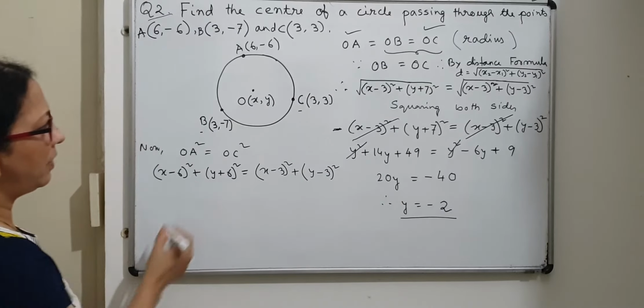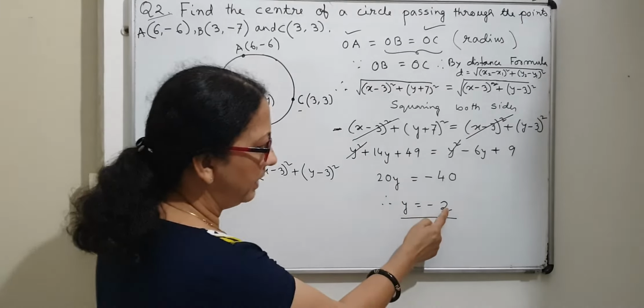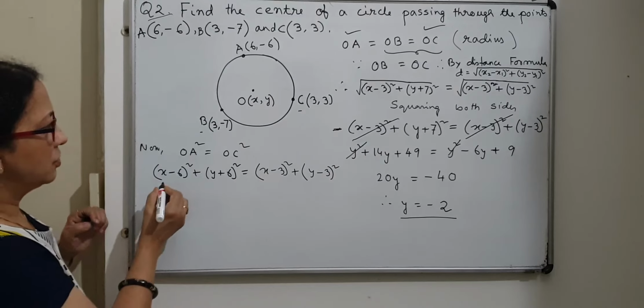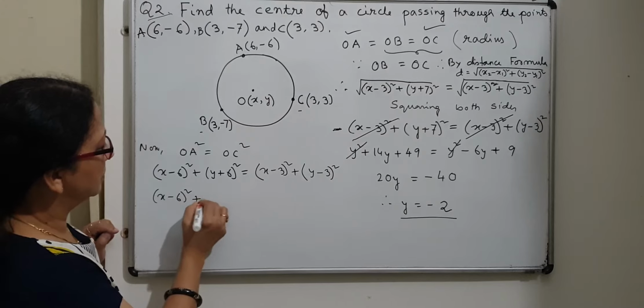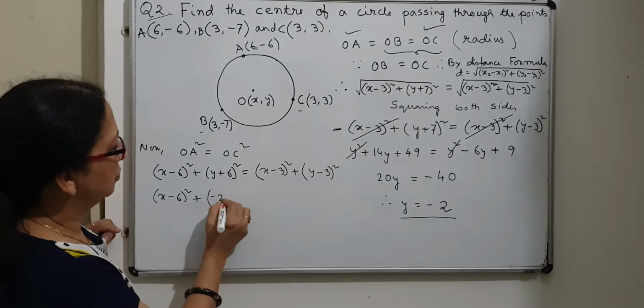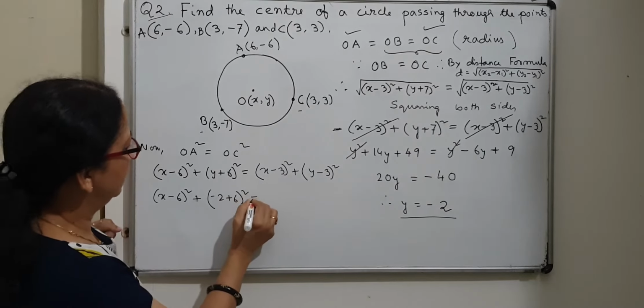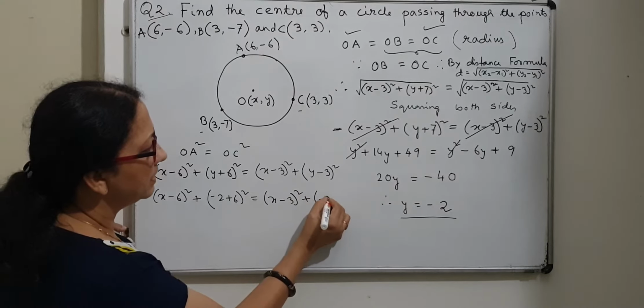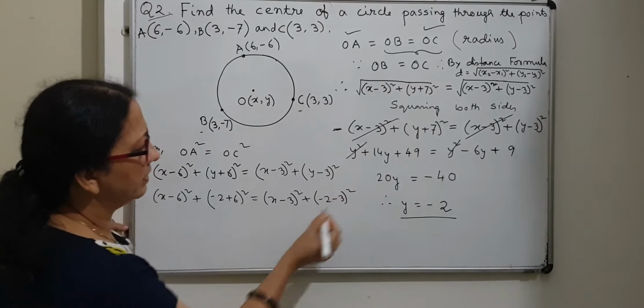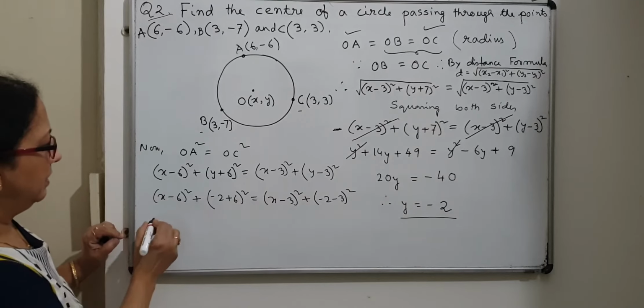Now I can put the value y is minus 2, putting it here. (x minus 6) whole square plus (minus 2 plus 6) whole square is equal to (x minus 3) whole square plus (minus 2 minus 3) whole square. Now I can open.